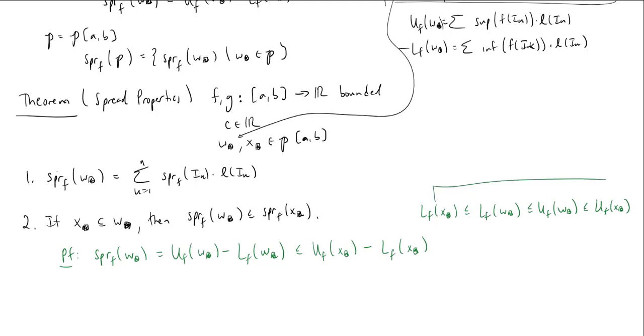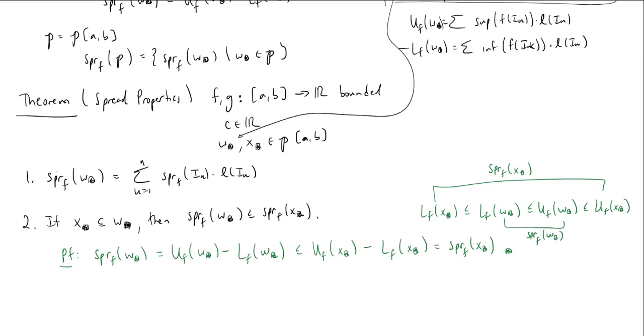So the outer bit is obviously going to be at least as big as the inner bit. And since this last one here is the F spread, the result is proved. You can see up here in our picture, here is your F spread of X, and down here you have your F spread of W. So when we refine, our spreads get smaller.